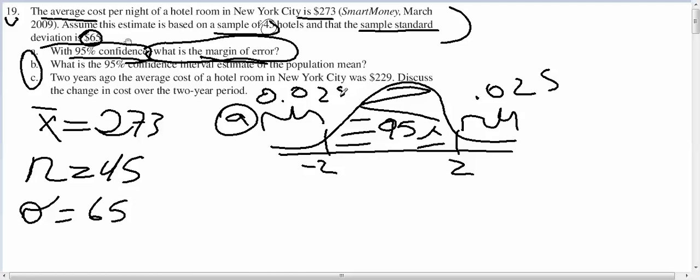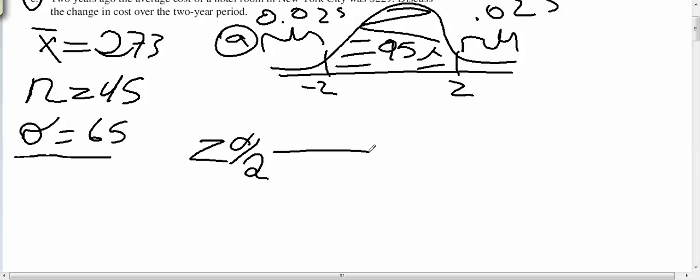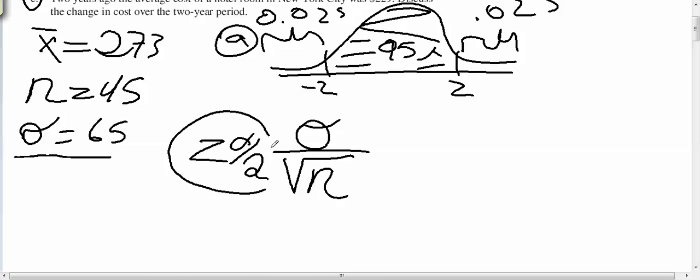Well, based on the book, the formula to find the margin of error when we have the standard deviation is the following. Z alpha divided by 2 times standard deviation divided by the square root of the sample size. Next, what does this z mean?